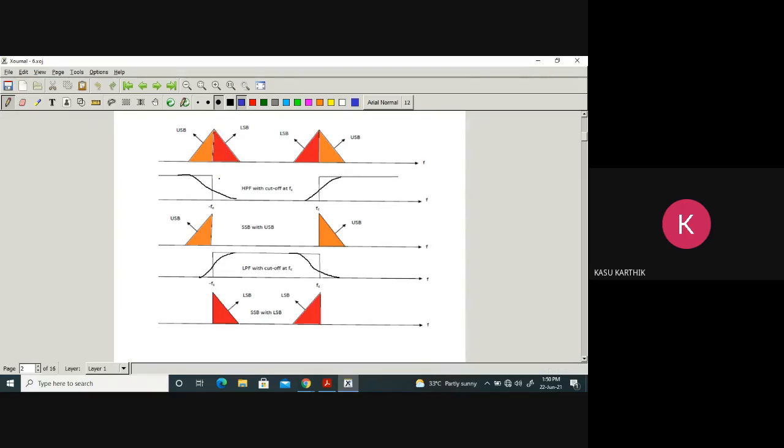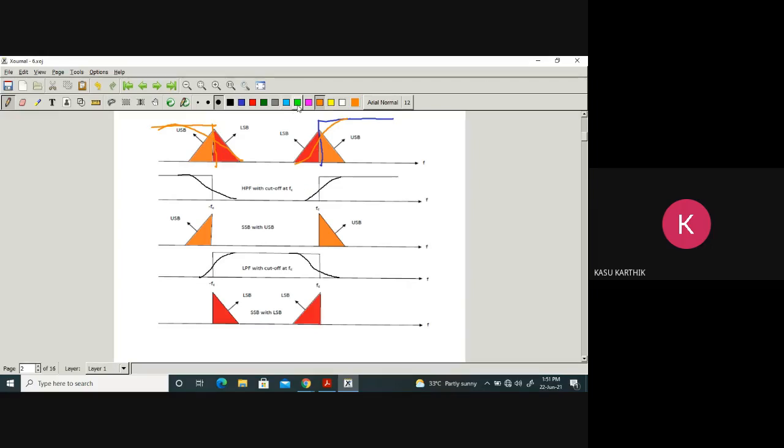So then what happens? Suppose the filters are something like this, instead of ideal, suppose they are something like this. Let us take this. So what happens then?